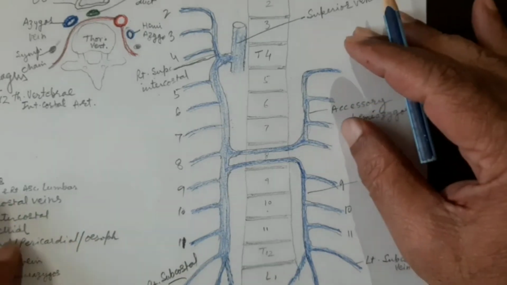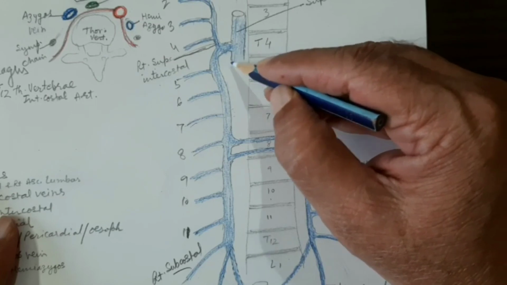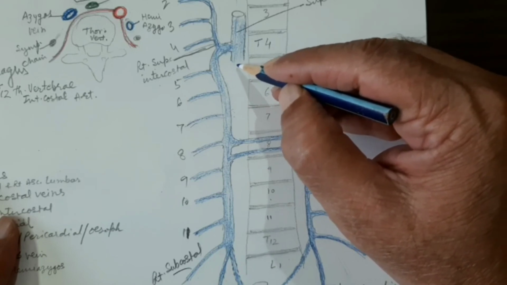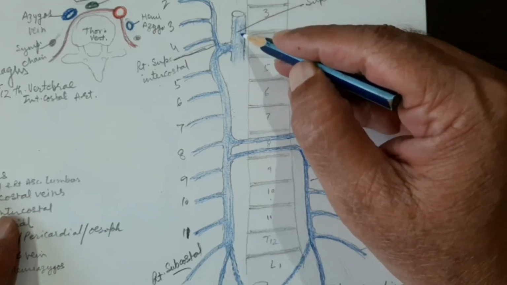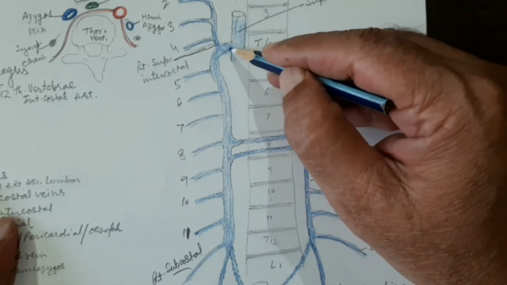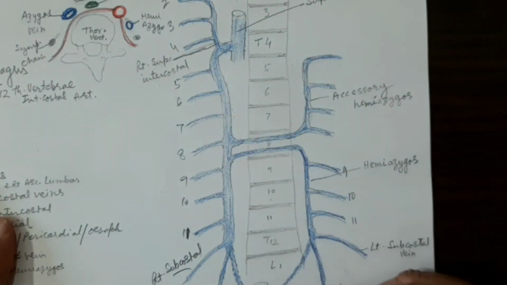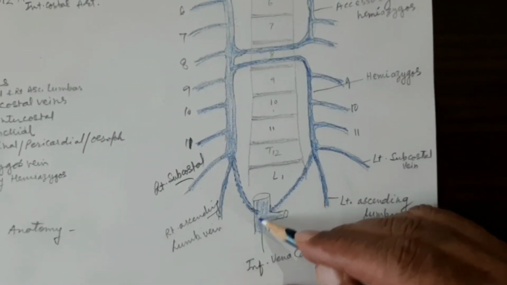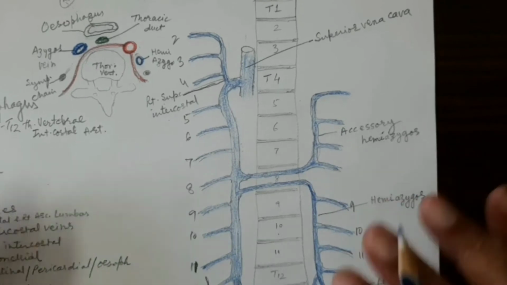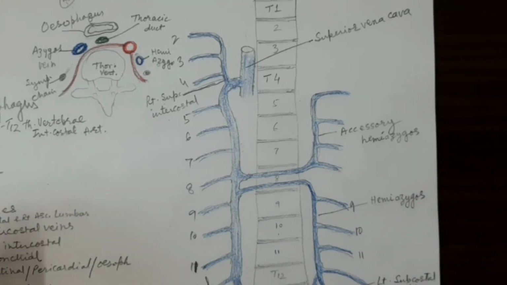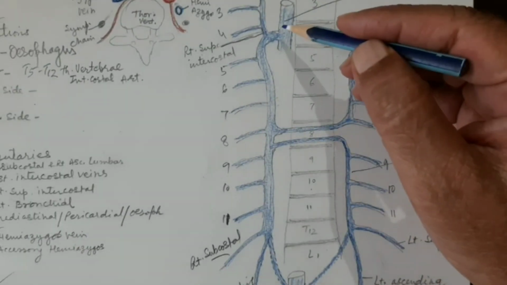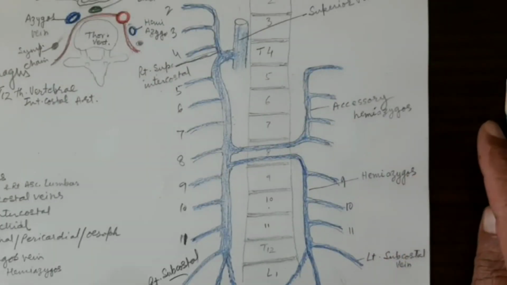For example, if there is a blockage in the superior vena cava before it opens into the right atrium, then the blood coming into the superior vena cava from the upper extremity or from the head and neck will bypass through the azygos vein and reach the inferior vena cava, and the inferior vena cava then will bring this blood to the right atrium. So in this way, if any blockage is there, it is taken care of. That is the utility of the anastomosis between the superior vena cava and the inferior vena cava.